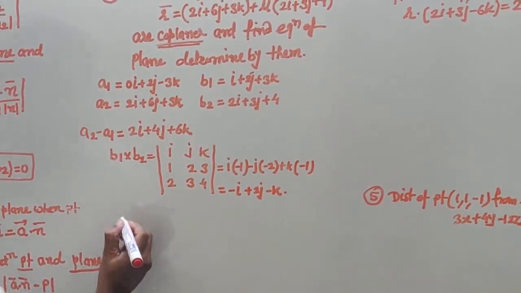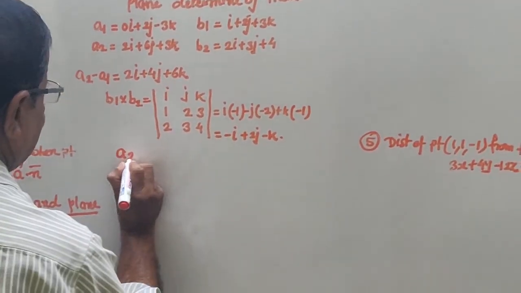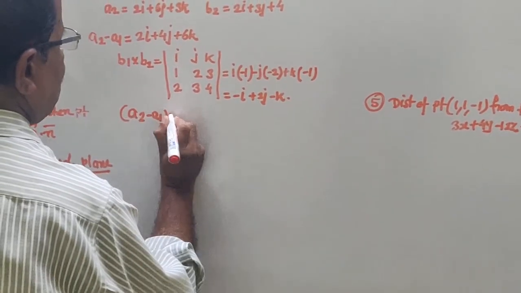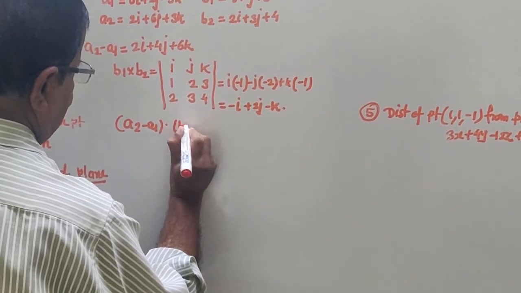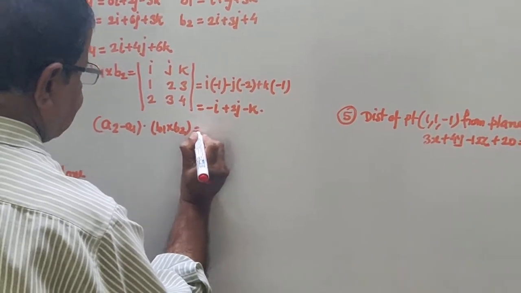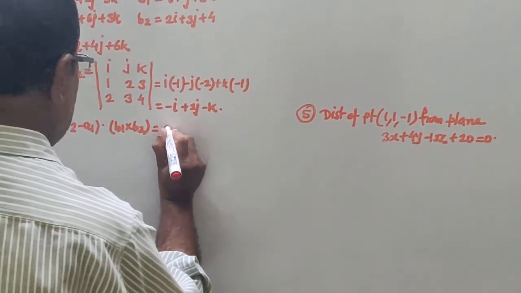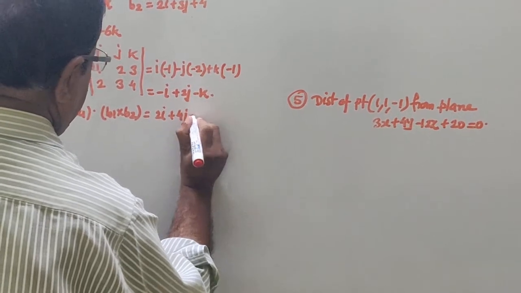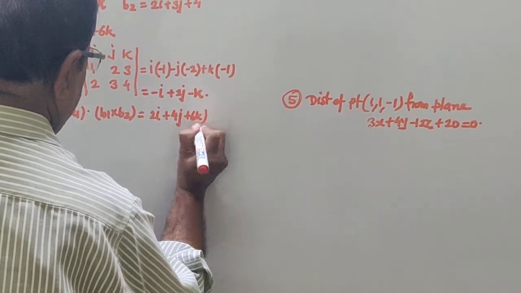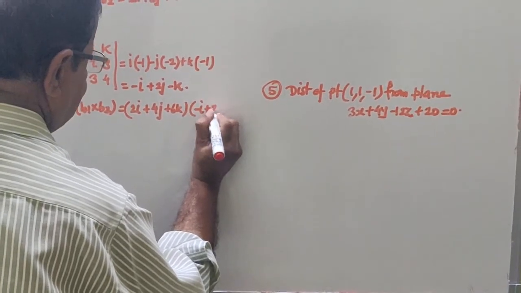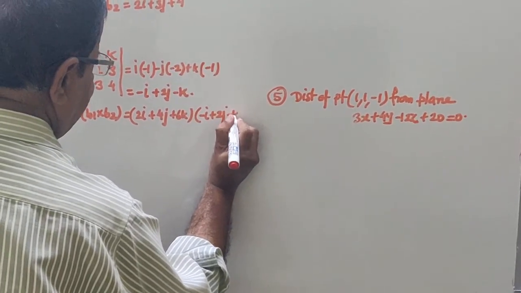Now I will solve a2 minus a1 dot b1 cross b2. For this I am writing 2i plus 4j plus 6k, dot minus i plus 2j minus k.